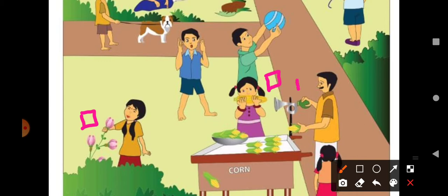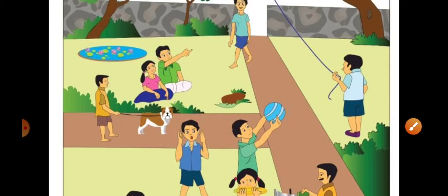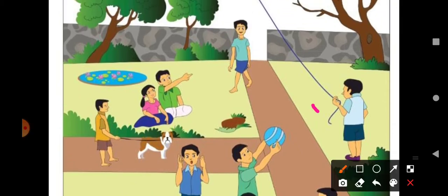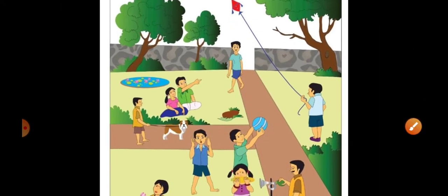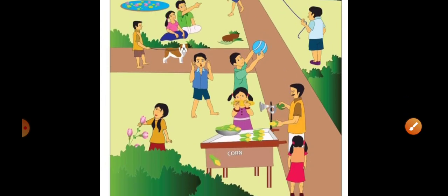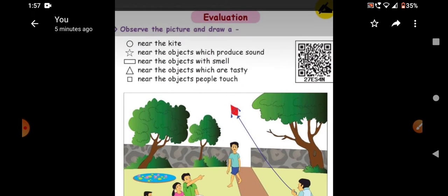This person is holding horn in one hand and corn in another hand and this boy is holding a ball and then see here the boy, he is touching the rope of the kite and then this boy is holding the rope of that dog. Okay, so likewise you have to do this activity. I hope you will do this. Now let us move on to the next one.